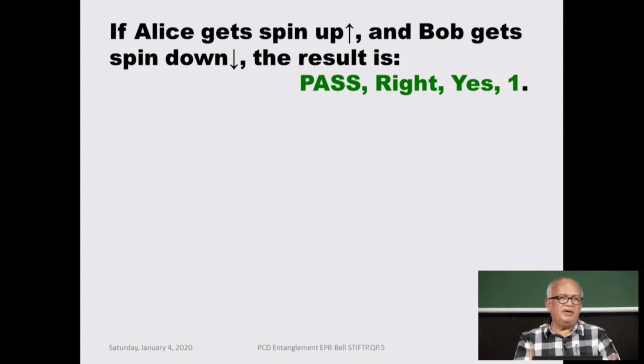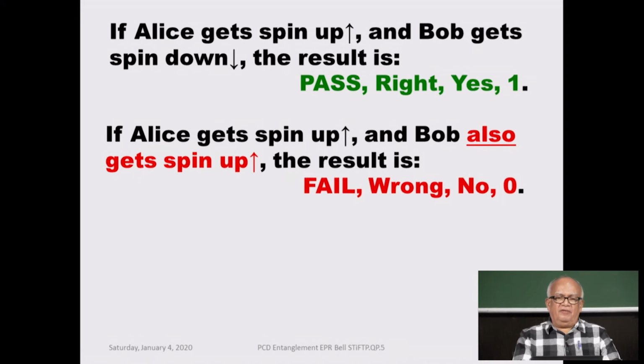Then you record this event as 1, as pass. All right. Okay. If Alice gets spin up and Bob also gets spin up, then it is a fail, or wrong, no or 0, hell or heaven, anything. Okay. It is a 2-state answer, one or the other.